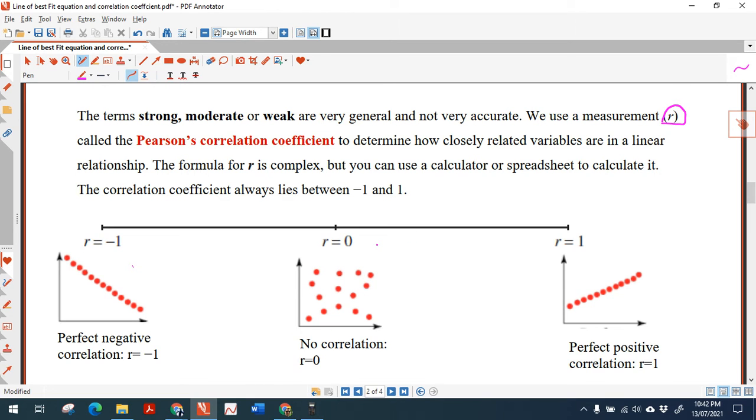So between R equals 0 and up to and including R equals 1, there's some sort of positive correlation there. So R is bigger than 0 in this region here, bigger than 0 and obviously less than 1. And here R is negative, so it's less than 0, but not greater than, doesn't go past the -1 there.